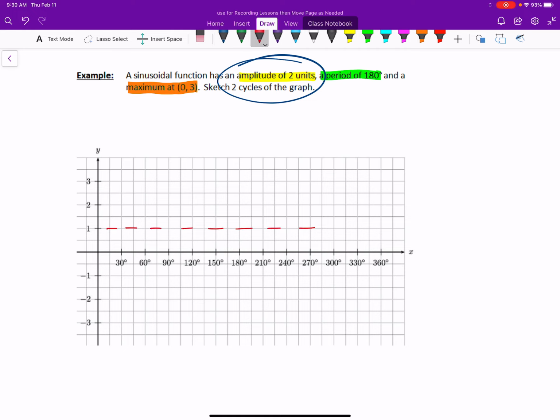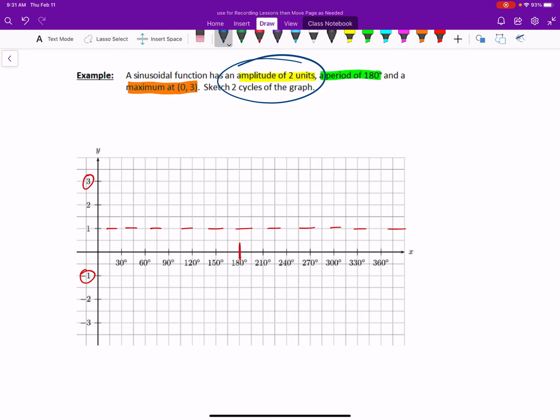That way, if the axis of the curve is at 1, when I have the amplitude of 2, it'll go up to 3 as the max. It'll go down 2 from there to -1 for the min. The period is 180, so it's going to all fit one cycle in here, and it has the point (0, 3).